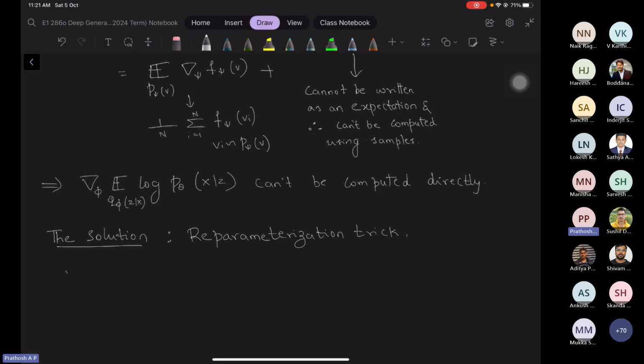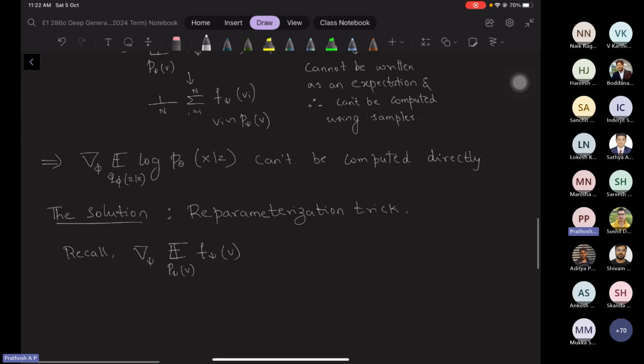Recall that we wanted the gradient of the expectation of some function that is parameterized by some parameters, and the distribution was also parameterized by the same set of parameters. We wanted this.